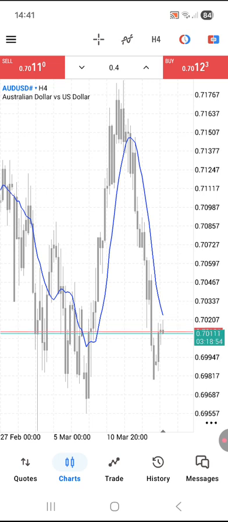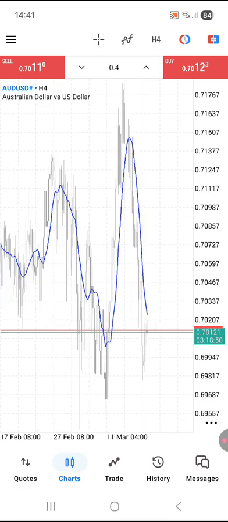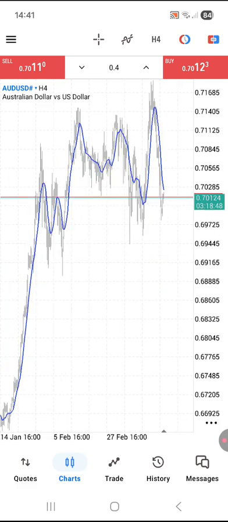I'll just continue on with that. So it costs 70 cents to buy one Australian dollar. That is the exchange rate. 70.12 cents. Okay? You can see up here there's big numbers.